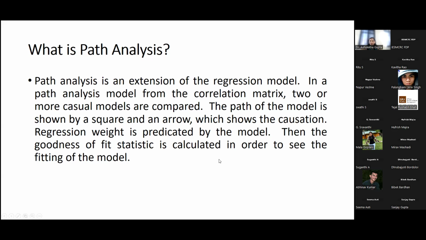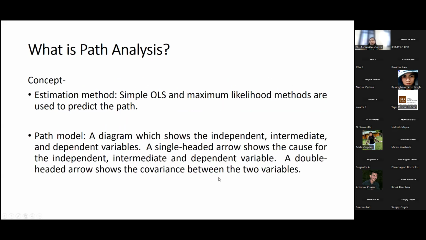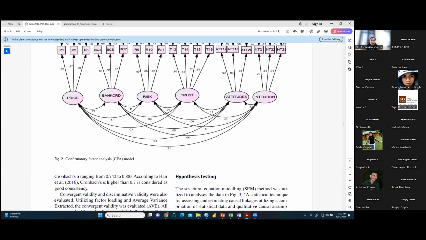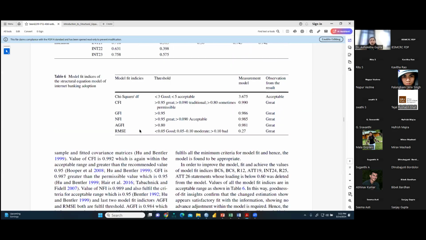As I've shown you that table, we are going to create this table in both cases, right? I'm just showing you, just a moment. This is the paper I was talking about. This is the CFA. We had used one table, the fit indices, for the structural equation modeling.